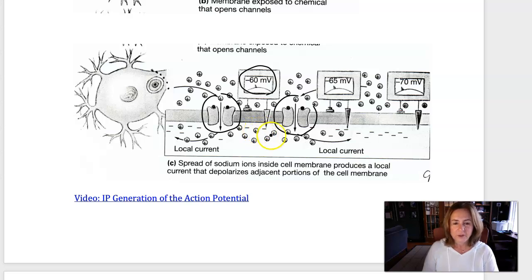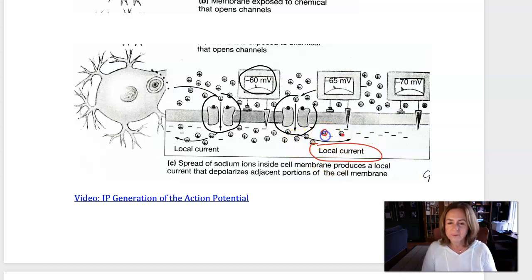And of course those sodium ions are not going to be rigid and stay right there in the cytoplasm. They're going to diffuse from their area of high concentration to their area of low concentration. So here, where they show us a local current, all that local current means is the diffusion of sodium, the diffusion of this positive charge.